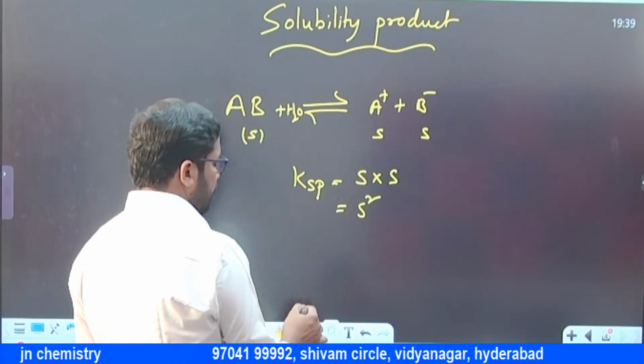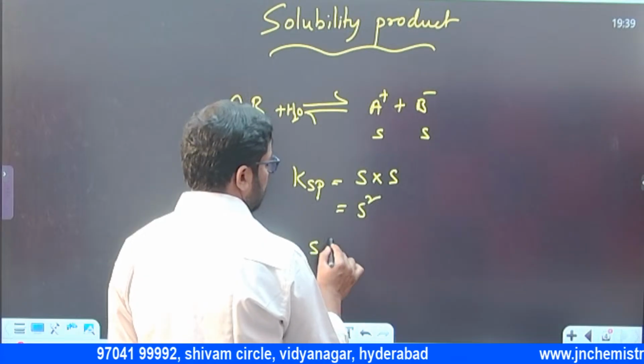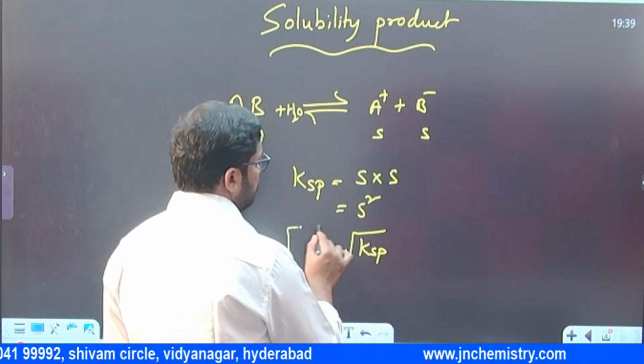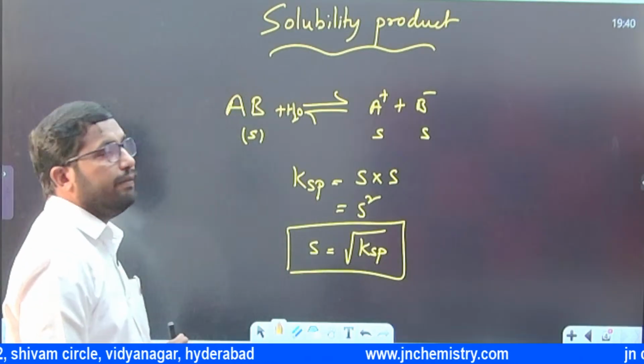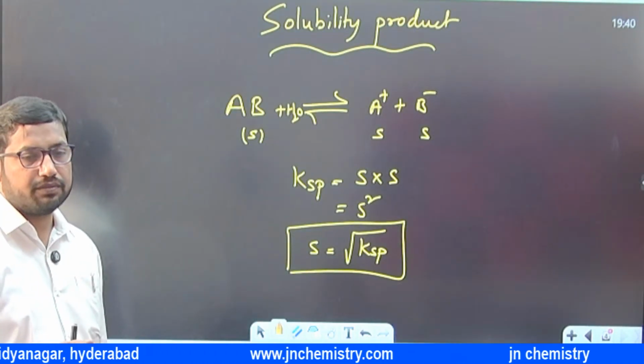S means solubility. S is equal to the square root of Ksp. Write it down. This is for AB type of salts.